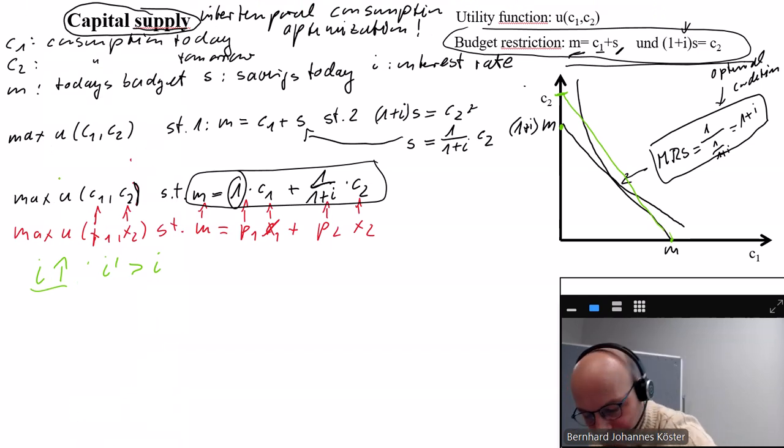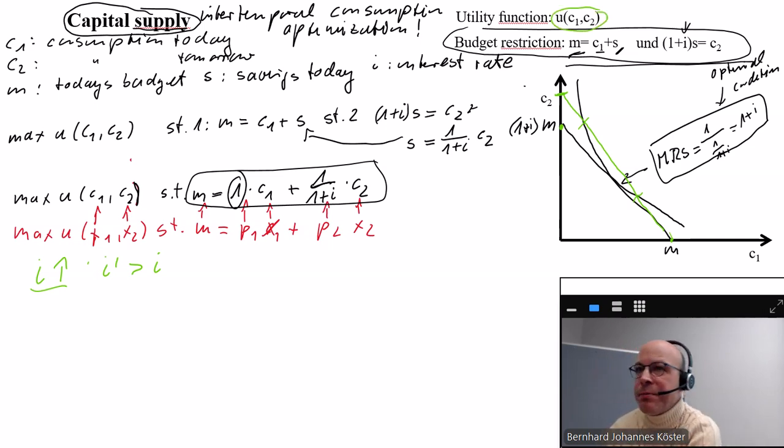So again, within this part here, we are in the budget set. We can move our indifference curve outward. But where we find it, we don't know. This again depends on what our preferences look like. So again, compared to the labor market, the new optimum could be here and the new optimum could be here.